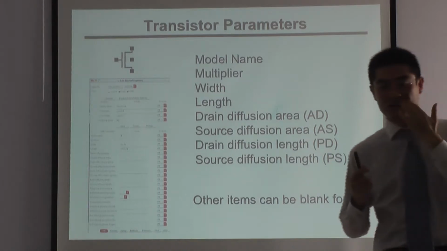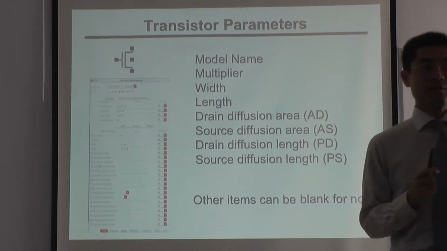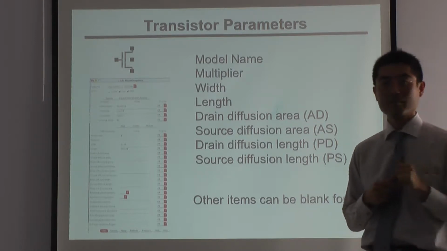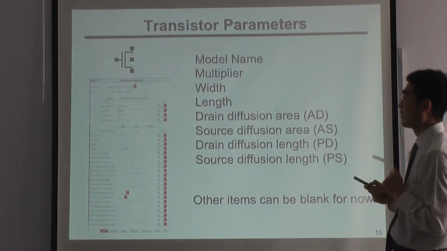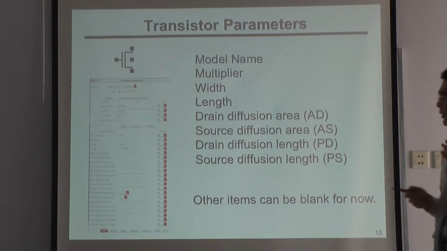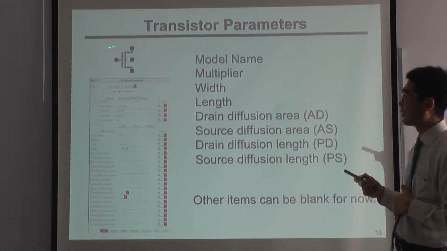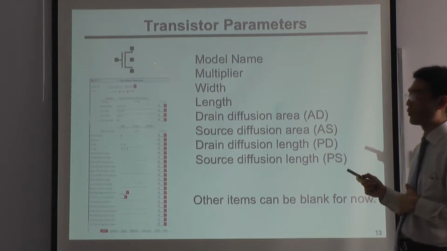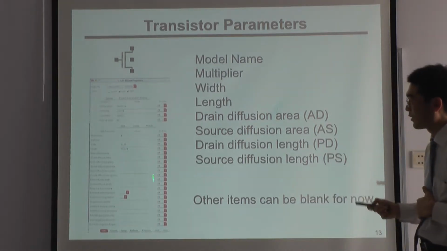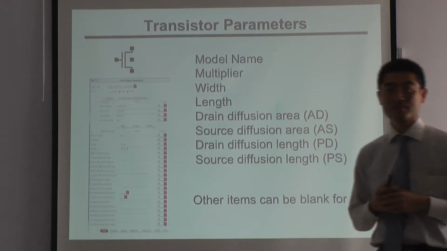And after knowing about the cross-section of transistors and the meaning of body terminals, this is the symbol of NMOS. And when we see the properties of this NMOS, we have plenty of things to input.